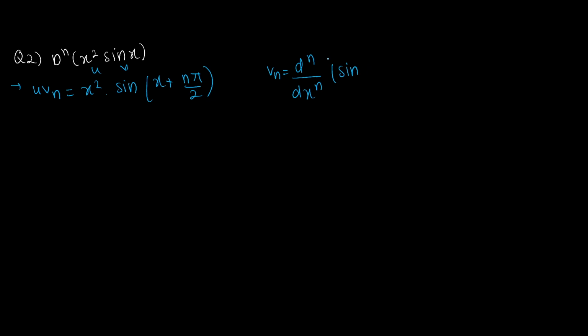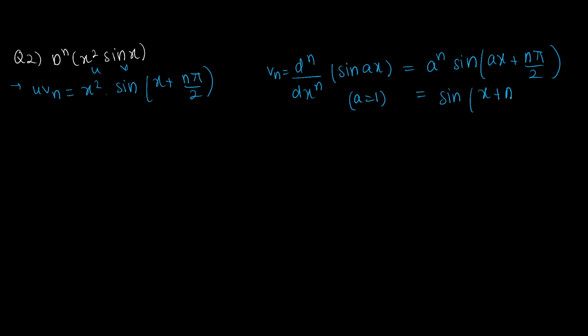We have seen the formula for nth order derivative for sin ax, which was a power n sin ax plus n pi by 2. Since here value of a is 1, substituting value of a as 1, I'll be getting dn upon dx power n for sin x as sin x plus n pi by 2. Okay. So I have substituted the value of Vn as sin x plus n pi by 2.